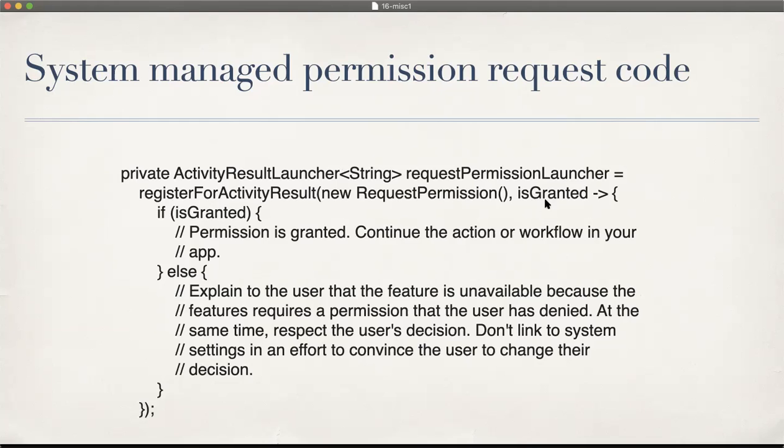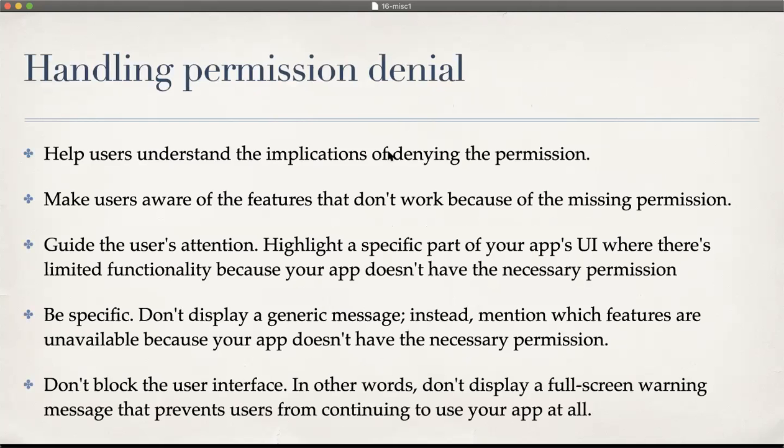Based on the value of is granted, you either decide whether it's granted, then you continue to the action. Otherwise, you explain to the user why the feature is unavailable, what they are missing, and basically respect the user's decision. But you can always inform them why they are not able to use the camera or the microphone in the previous example, as we saw.